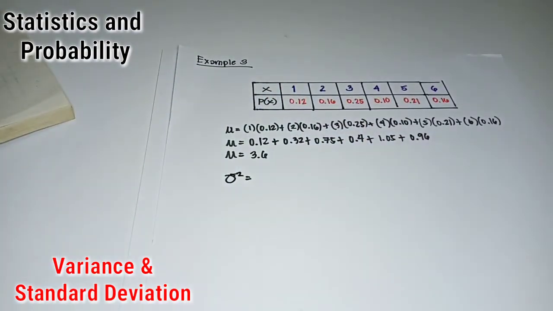Sigma squared, that's variance. Again, variance, sigma with a square.